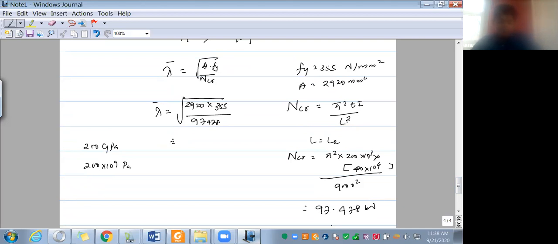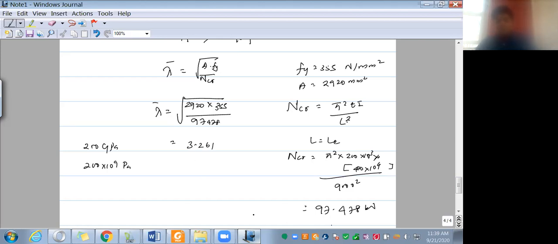So that is the square root of 2,920 into 355 divided by 97,478, which is 3.26.